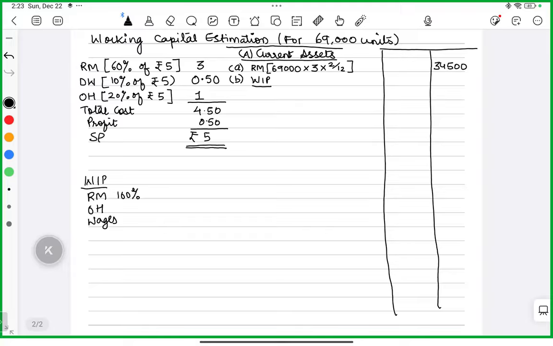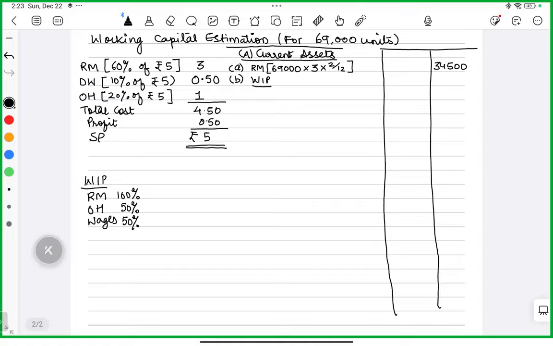But we don't know how much work, overhead and wages have been done. Now, since it is work in progress, it means some of the work is done, some of the work is incomplete. So when no information is given, we will assume that wages and overhead are 50% complete, which also means that they are 50% incomplete. And production is 100% complete with respect to raw material.